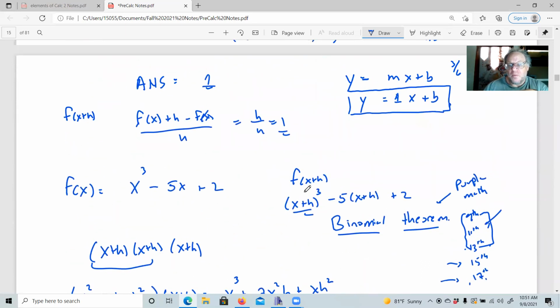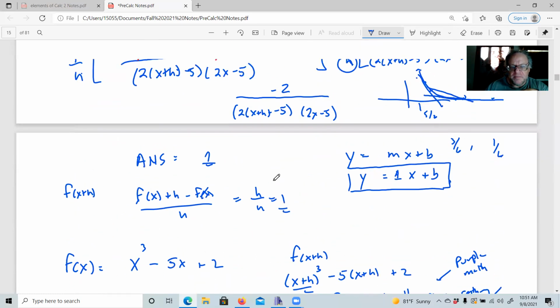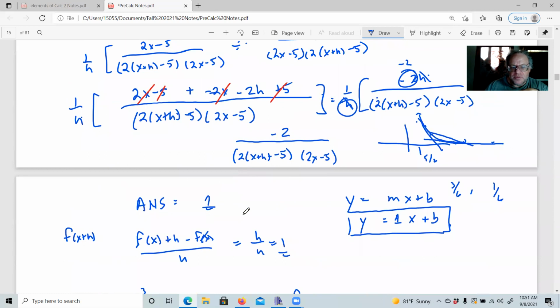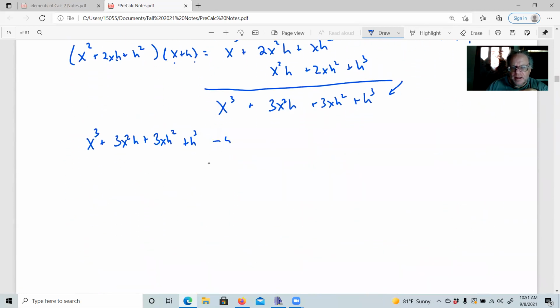So when I've got my setup, we've got x cubed plus 3x squared h plus 3xh squared plus h cubed. What's my next piece? It's minus 5 times x plus h. Don't forget it's minus.